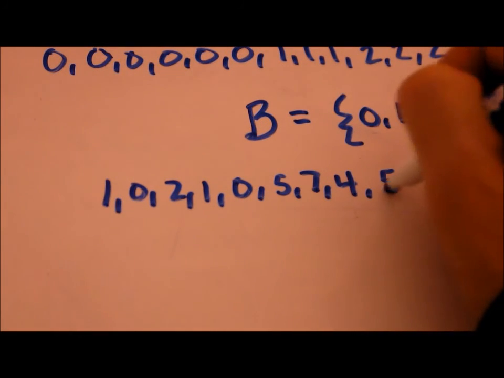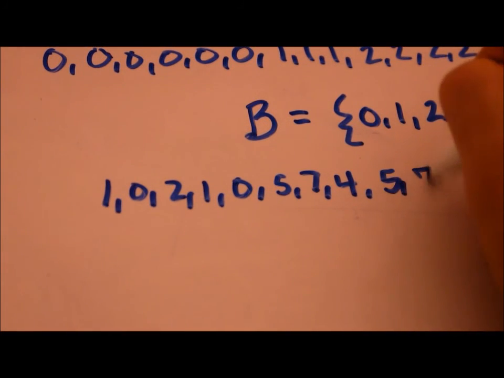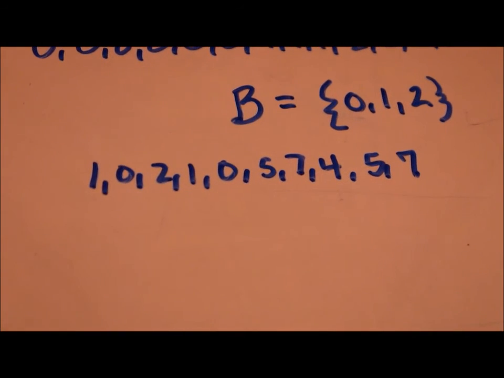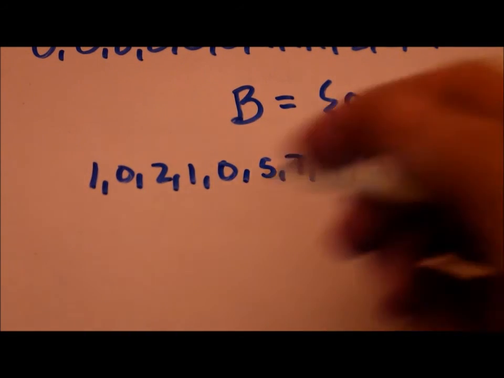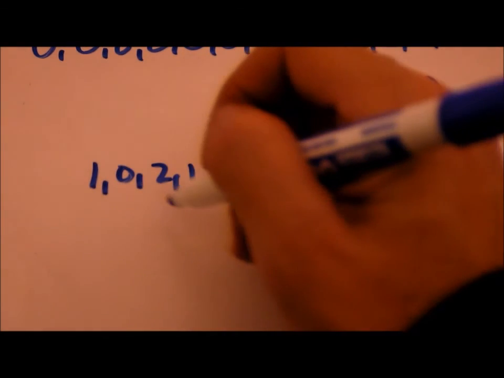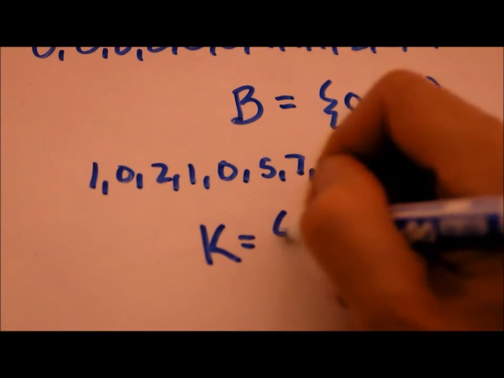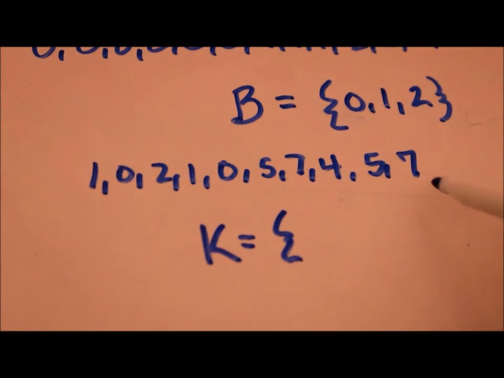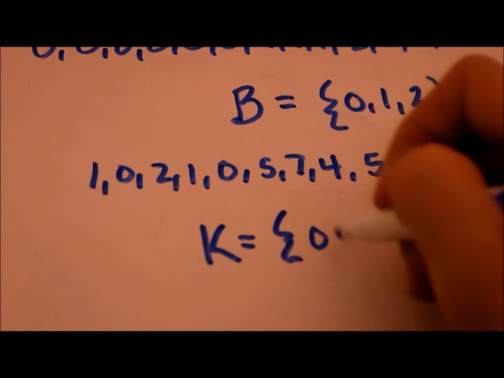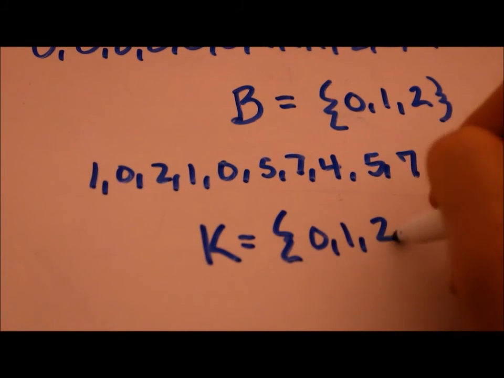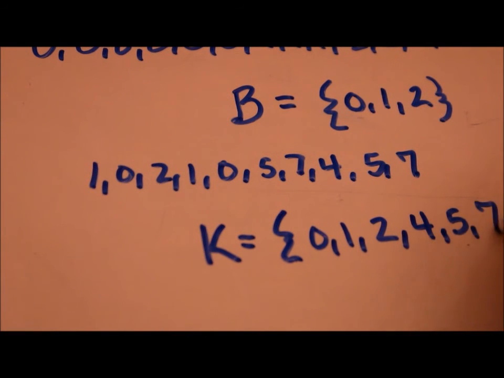Example 1 says represent the following numbers as members of set K. So this is example 1 in your book. We do K equals, and we have a bunch of repeats. So we have a 0, a 1, a 2, a 4, a 5, and a 7.